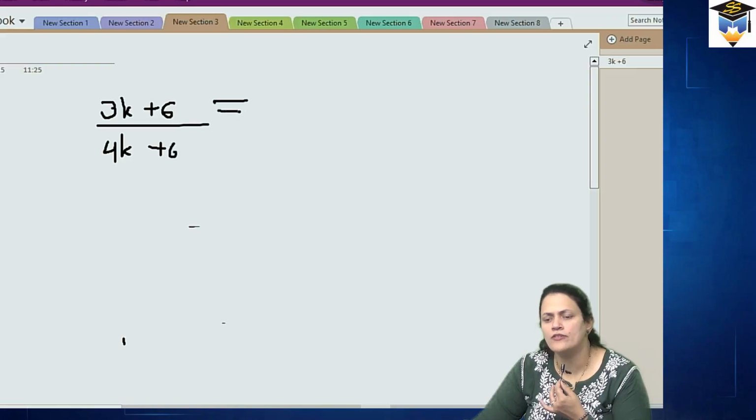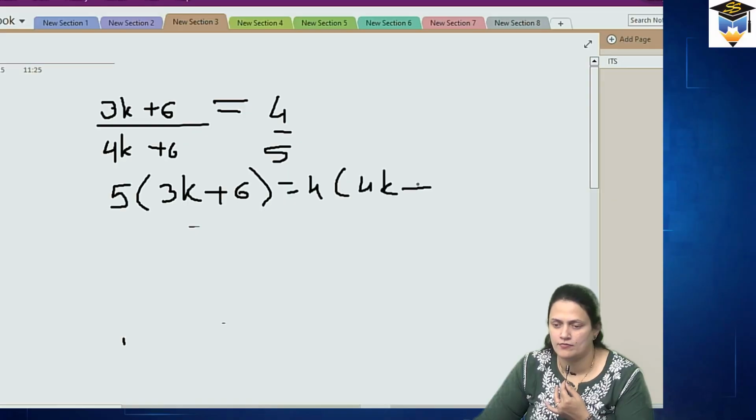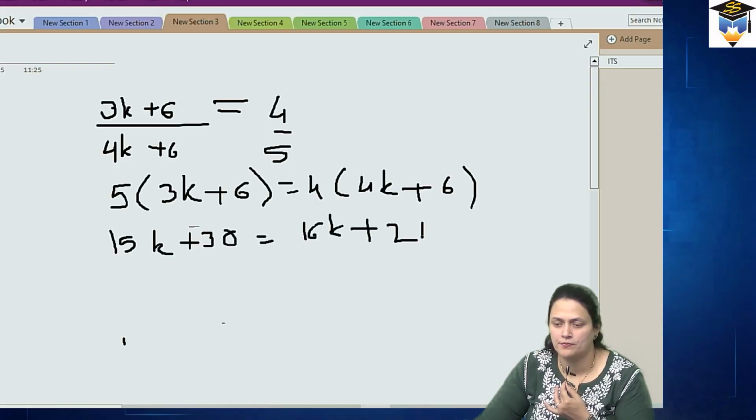The new ratio is given to us as 4 upon 5. So multiply both sides. 15k, so 30 minus 24 is k.